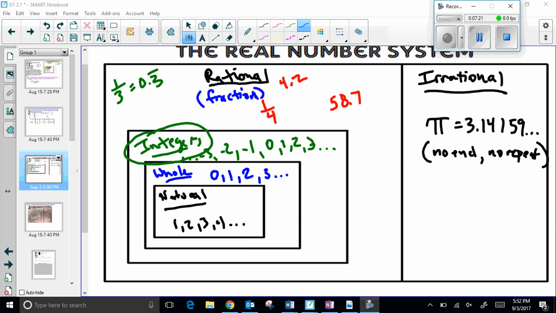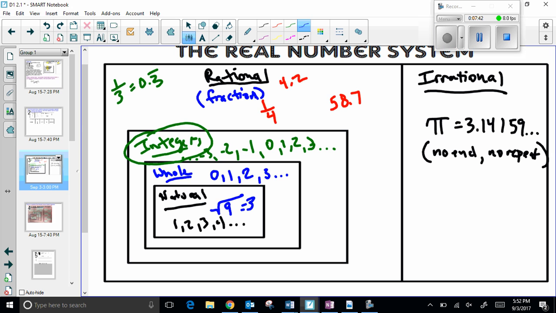Another thing to watch out for are these radicals, these square roots. Now, I think you guys already understand that the square root of, say, 9, well, that's going to be 3, right? That one would actually fit all the way in here into our natural numbers. Here's another one.